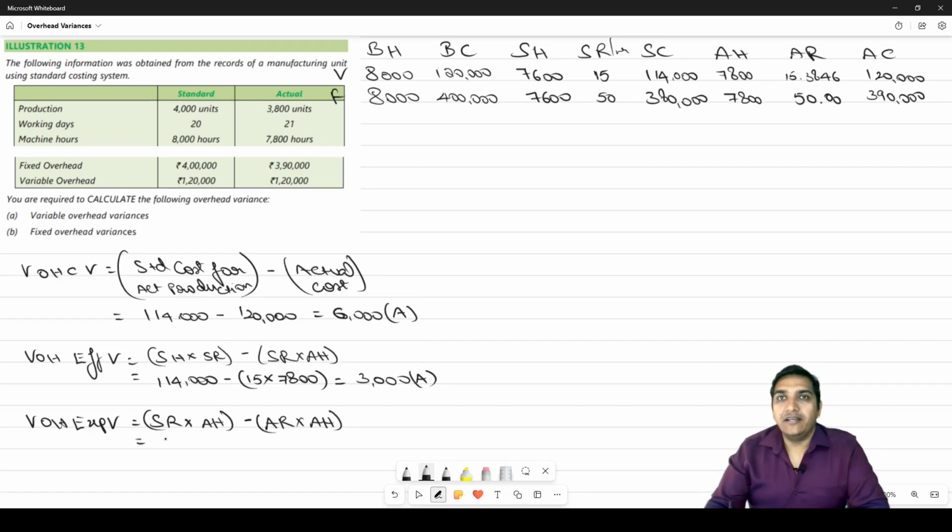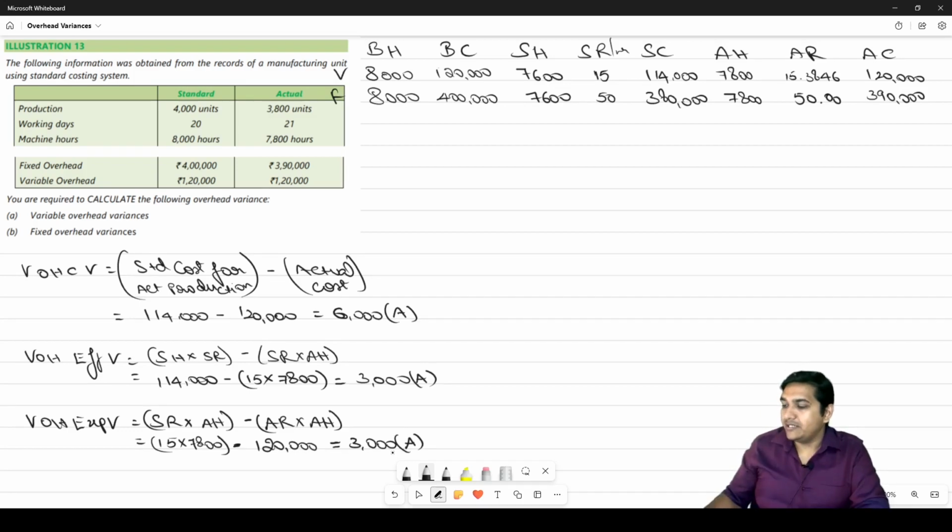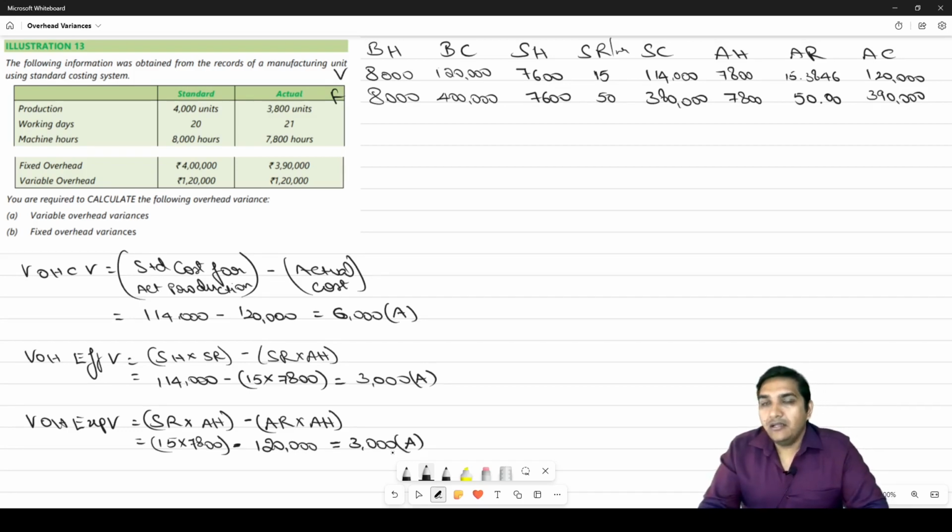Standard rate into actual hours is 15 into 7,800, minus actual rate into actual hours, which is nothing but my actual cost, 1,20,000. So again we get 3,000 adverse.